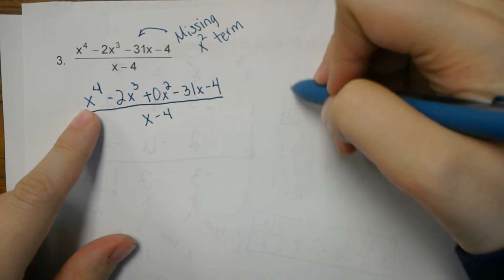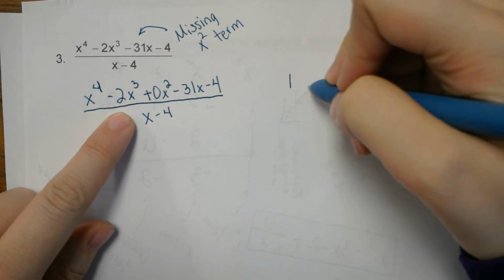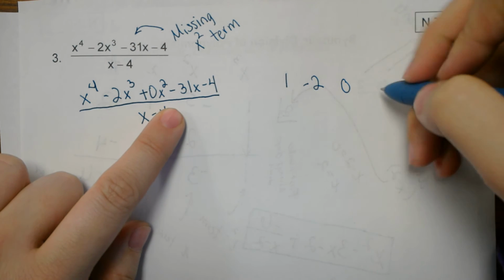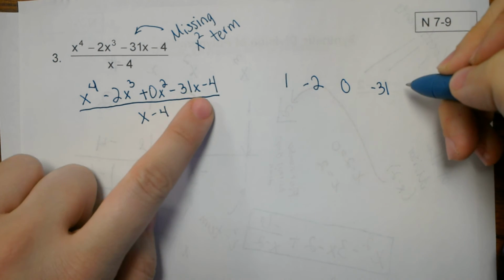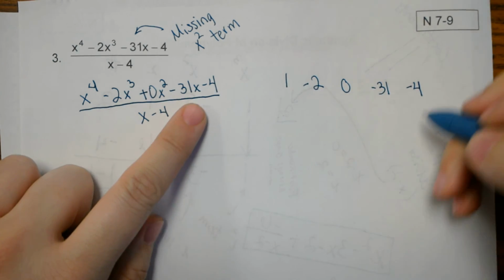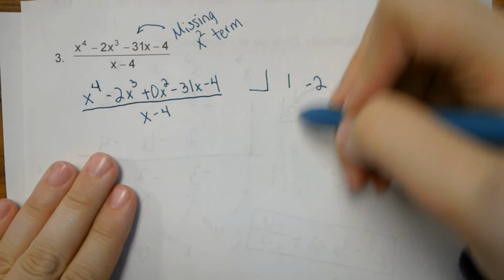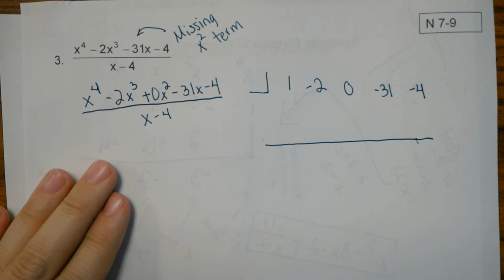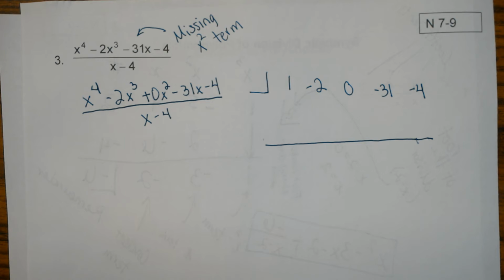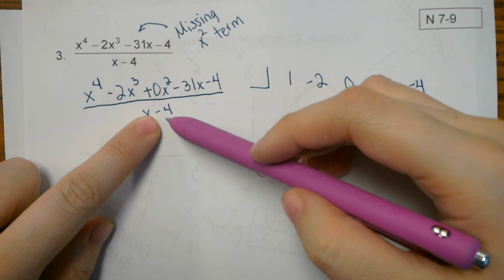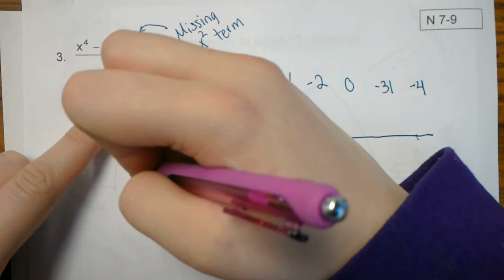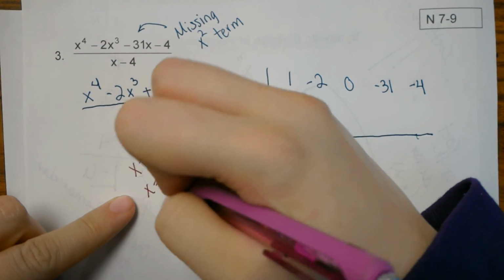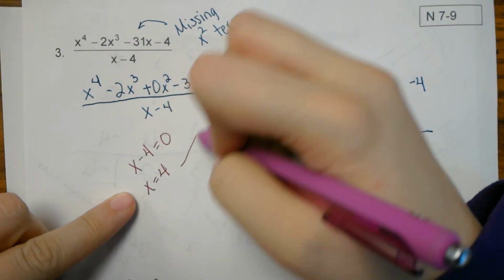So I have 1 x to the 4th, negative 2 x cubed, 0 x squared, negative 31x, negative 4. And so I just set my denominator, x minus 4, equal to 0. I get x equals 4.